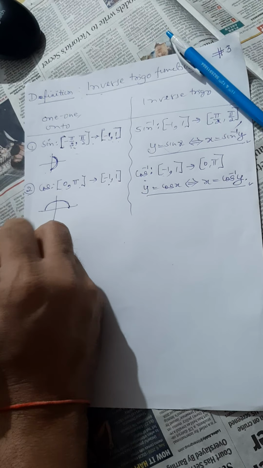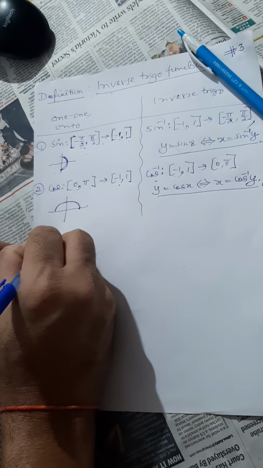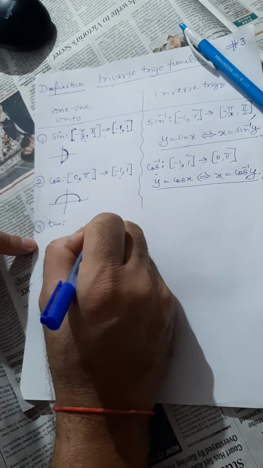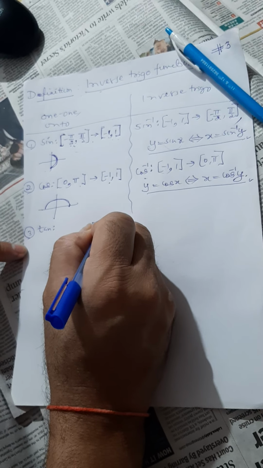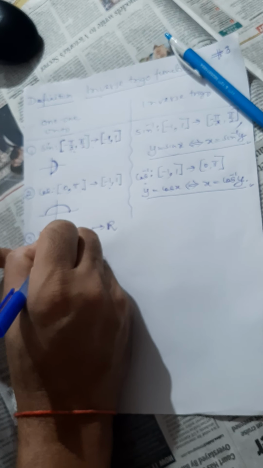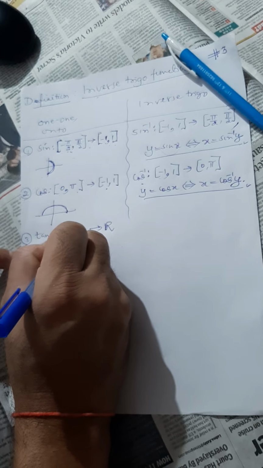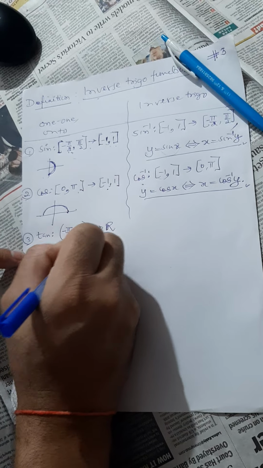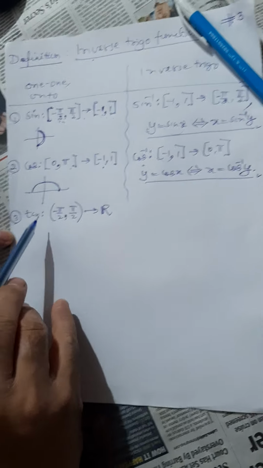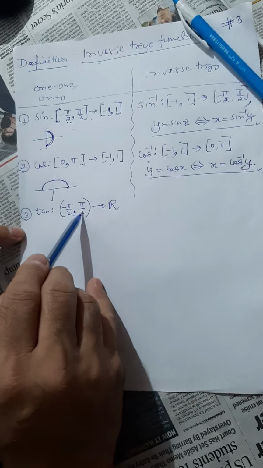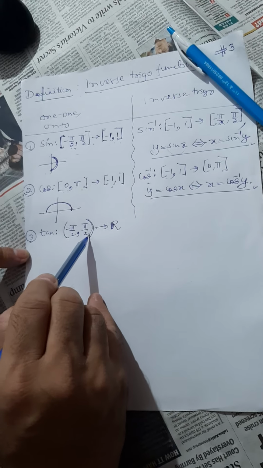Third function, which is the tan function. If you recall, the range of the tan function is R, so the codomain is all real numbers. And here we take the open interval minus pi by 2 to pi by 2. It is the same as the domain of the sine function, but you know tan pi by 2 is undefined, so we have eliminated pi by 2 and kept an open interval.